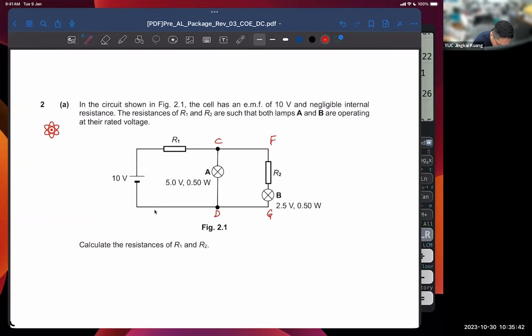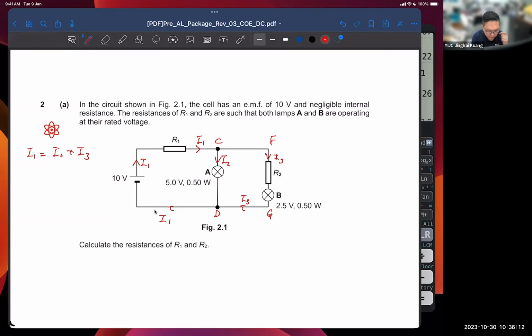There will be a current coming out, obviously. So I1 will go through R1 and I1 will come through here. Once it comes here, the current will split. You have I2 and then you have I3. So this is also I3. This one is I1. So I can write aside: I1 equals I2 plus I3.